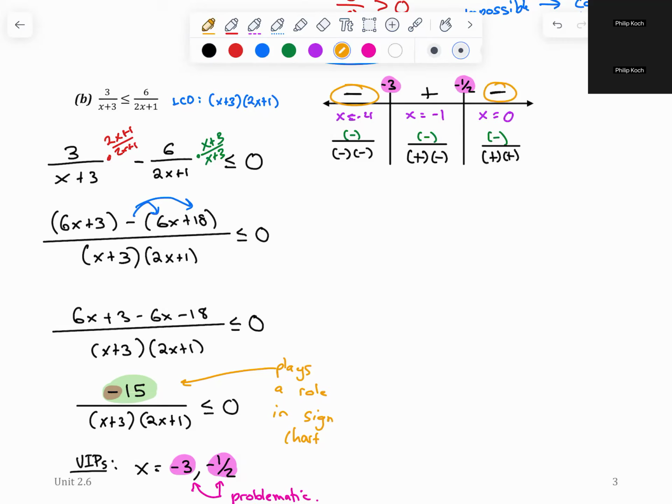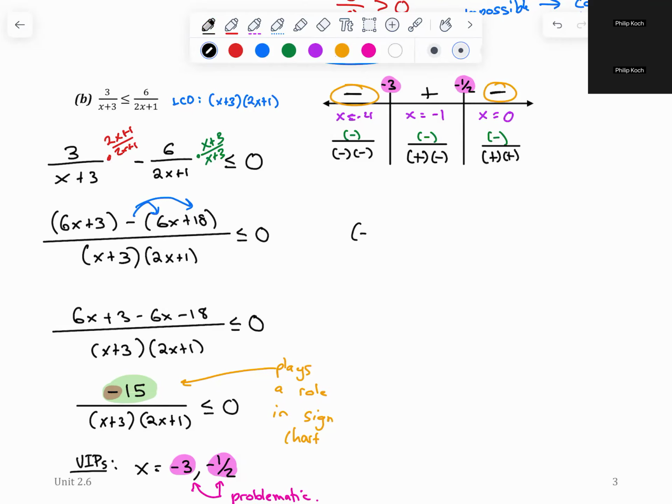But these are both problematic VIPs. If you try and plug them into either our simplified version at the very bottom or the original version, you plug in -3, you'll get undefined is less than or equal to something. That doesn't make any sense. And if you plug in -1/2, you'll get something is less than or equal to undefined, which also doesn't make sense. So we cannot include those things. So the answer, even though this is a non-strict inequality, there will be no brackets.